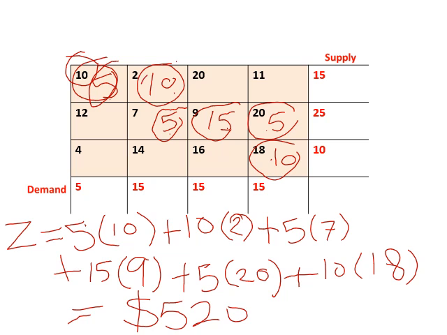Then the value 10 refers to the quantity to be shipped, and the cost for shipping this quantity is equal to $2 or $200, whatever. So we multiply 10 by 2, and multiply 5 by 7, 15 by 9, 10 by 20, and finally 10 by 18, and adding all up, we get the starting solution by using the northwest corner. Okay, this is for the northwest corner.